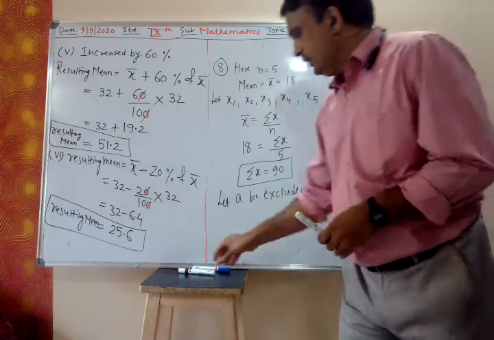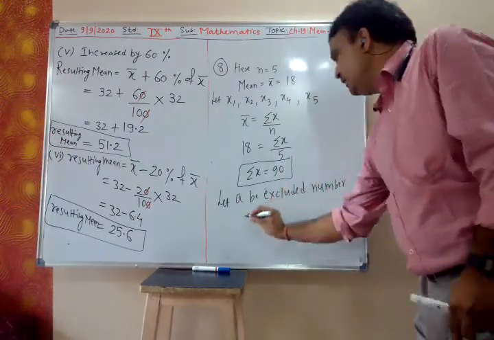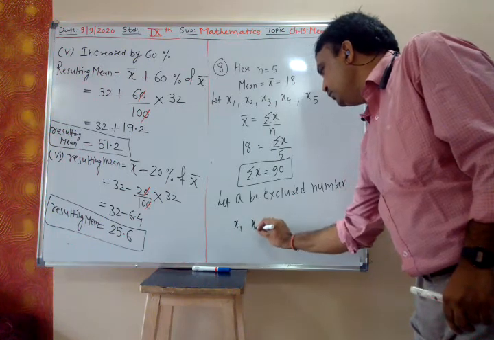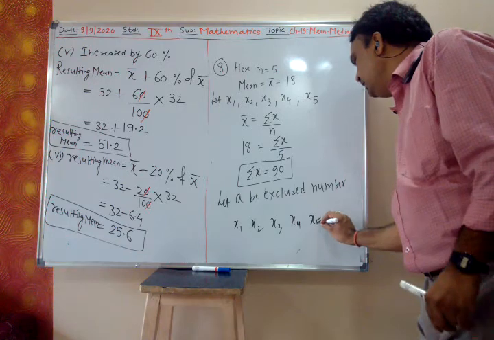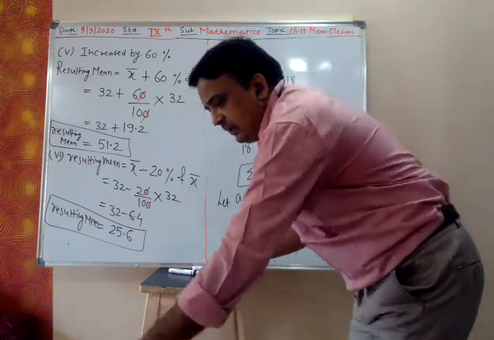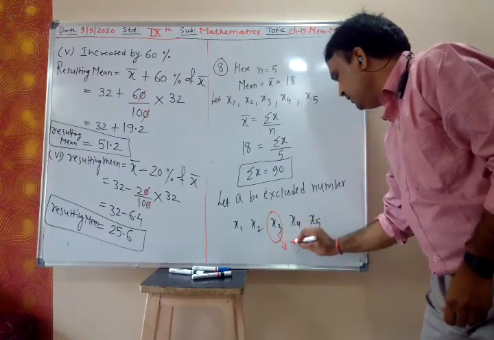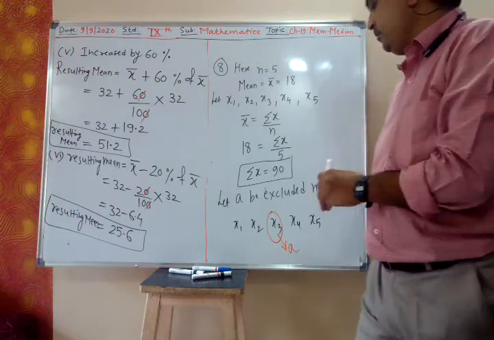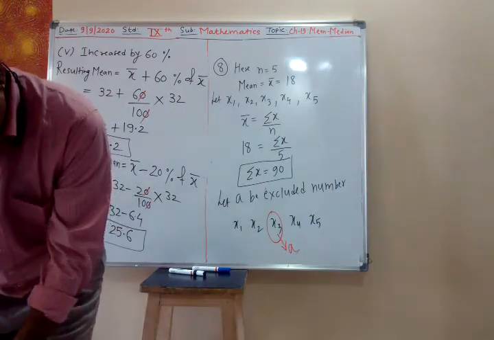From this 5 number, x1, x2, x3, x4, x5, we exclude one of the number and name it as A. Suppose this we have excluded. This I have removed. And this I have named as A. Is it clear?